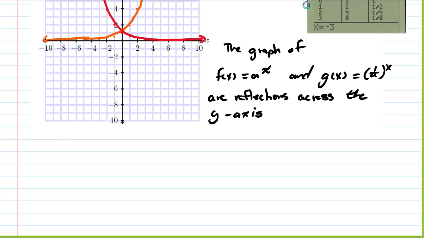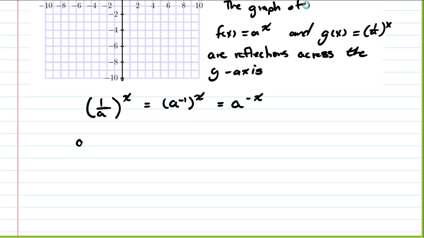And the reason for that is 1/a raised to the x is the same as a to the -1 raised to the x. Because if we move our a from the denominator to the numerator, it makes its exponent negative. And then if we have a power raised to a power, we multiply. So that gives us a to the -x. That tells us that g of x is equal to a to the -x, which is f of -x.